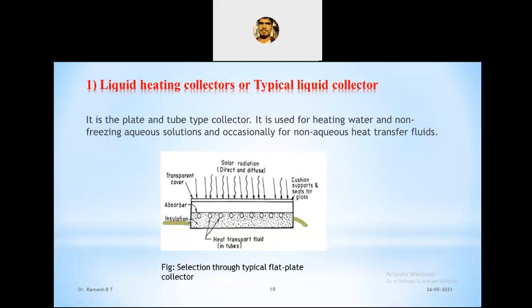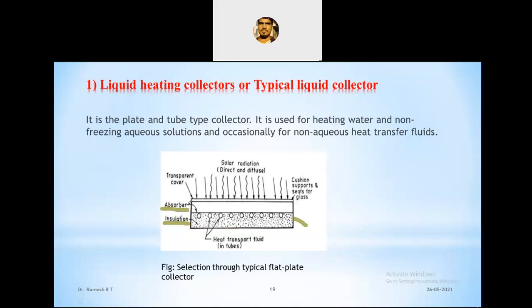The insulator is provided at the bottom to check the conduction of heat transfer, so glass wool fiber, asbestos or thermocole can be used as insulators just to avoid the heat loss. Above the insulator, there is an absorber plate fixed.